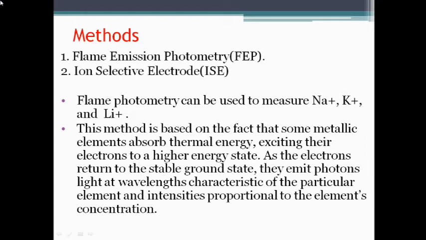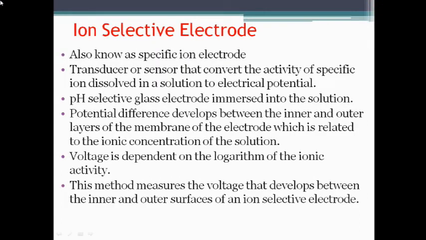Another method is the ion selective electrode method, also known as the specific ion electrode method. Ion selective electrodes are transducers or sensors that convert the activity of specific ions dissolved in a solution into an electric potential.